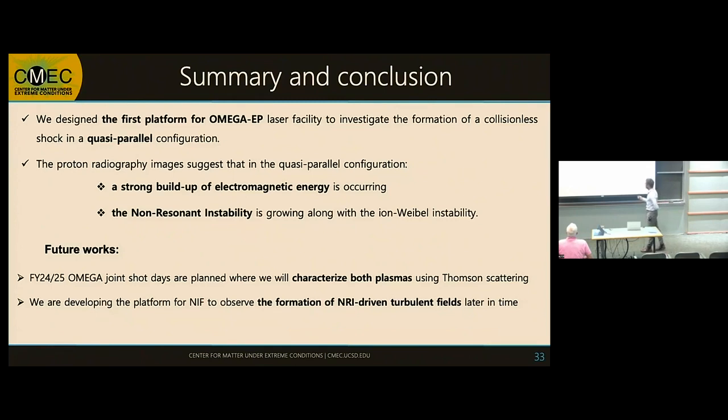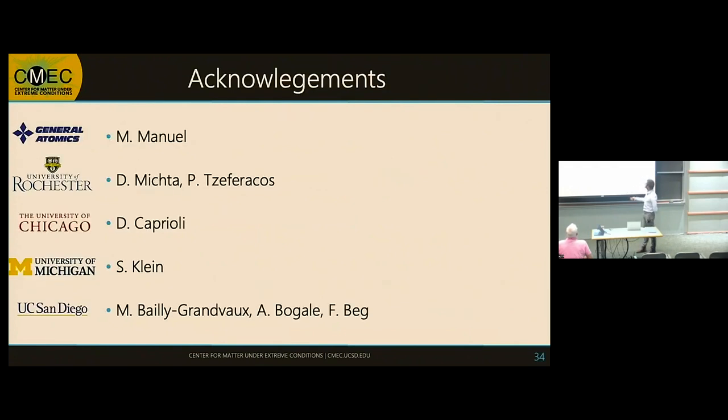And our ultimate goal will be to go to NIF to see the formation of NRI-driven turbulence concomitantly to the formation of the quasi-parallel shocks at a high Alfvén Mach number and measure what kind of non-thermal particles we have. On that, I will thank all my collaborators who made this work possible, and I will take some questions.